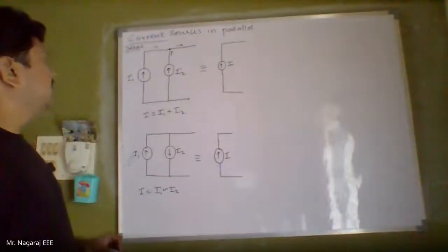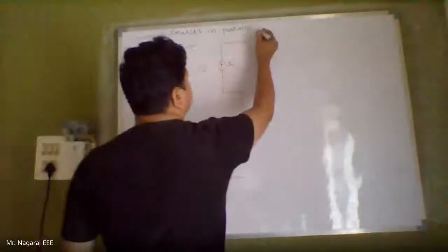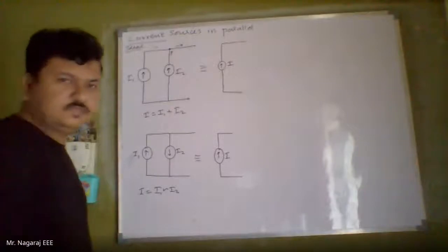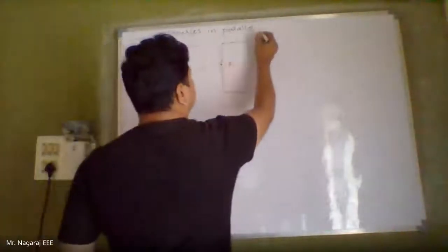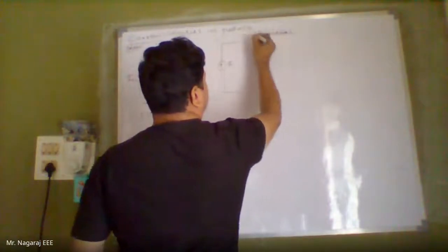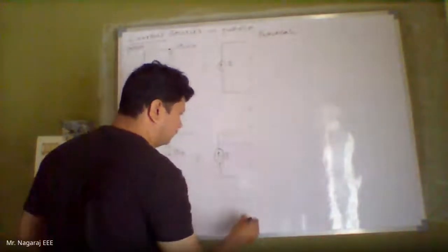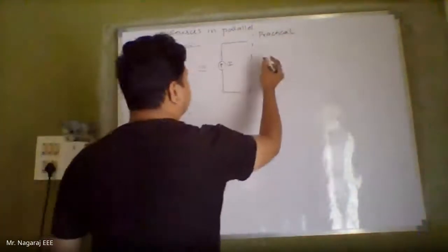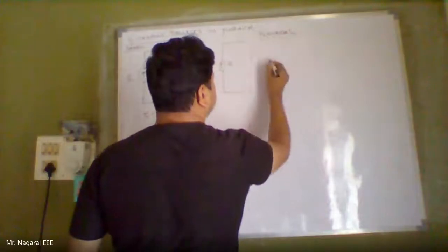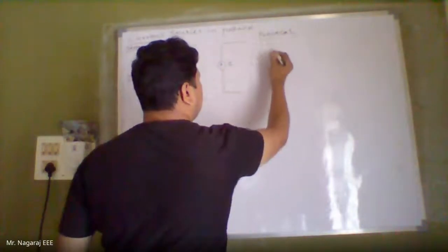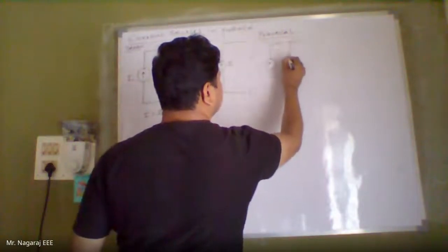Now coming to practical cases, I have a current source, and always there will be an internal resistance in parallel to this.